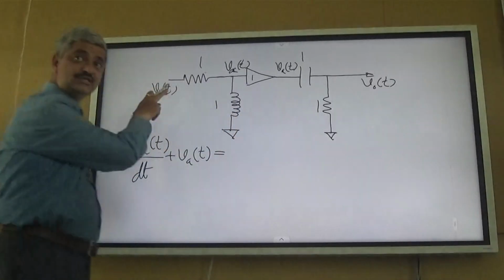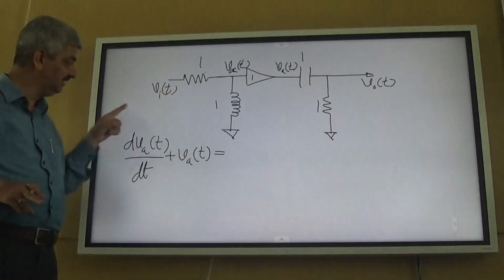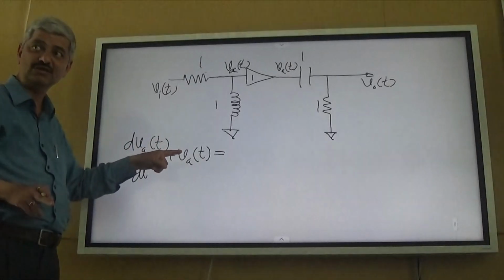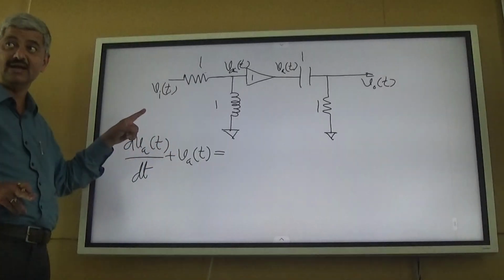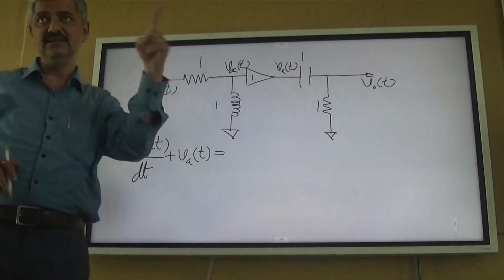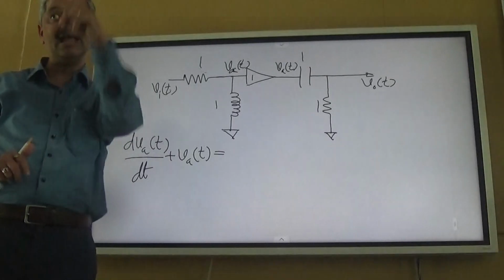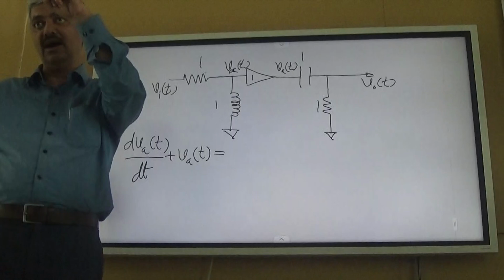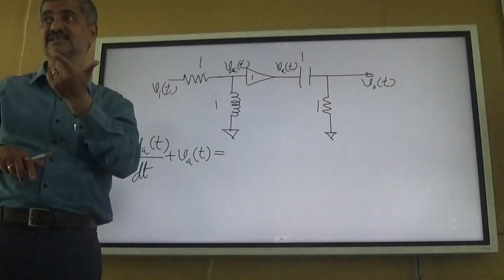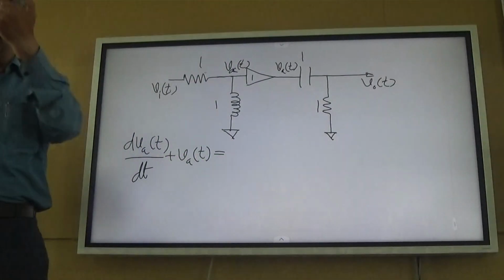So what is it for this now? For R and L, dVA(t) by dt plus VA(t) is equal to V in t. For R and C, dVO(t) by dt plus VO(t) is equal to V in t, and for R and L, it is dVO(t) by dt plus VO(t) is equal to V in t, dV in t by dt.